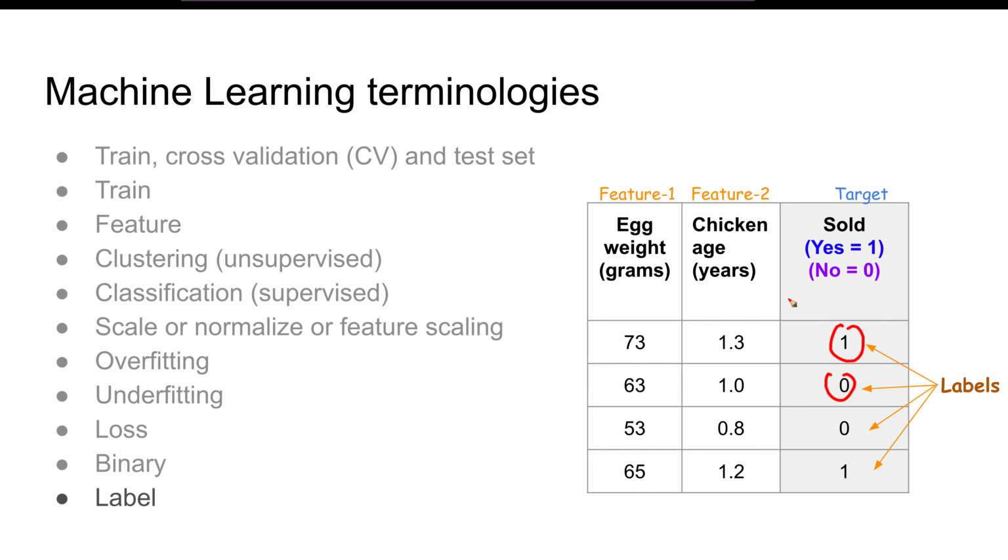For example, if we are looking at the quality of the eggs, then the labels could be grade A, grade AA, grade B, or grade C. So these again could be labels that can be used as a target while training machine learning algorithms. And this would then be a supervised problem, a supervised learning algorithm.